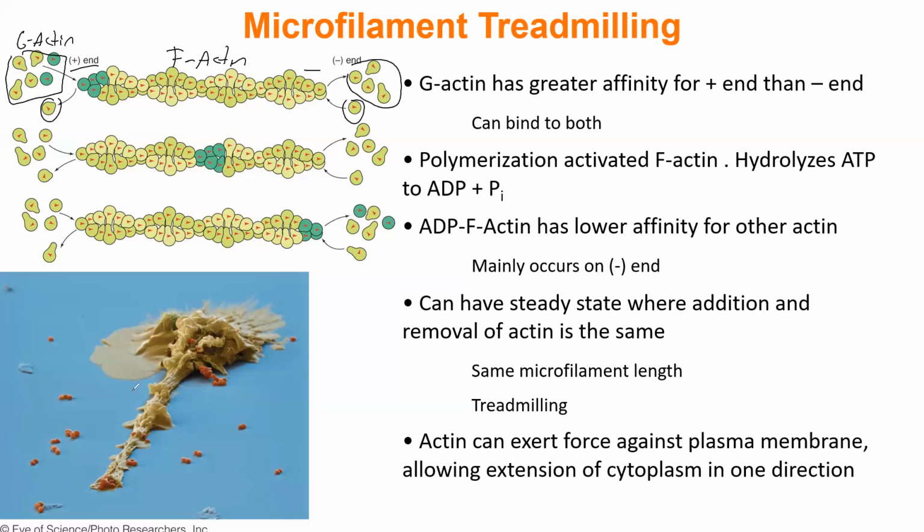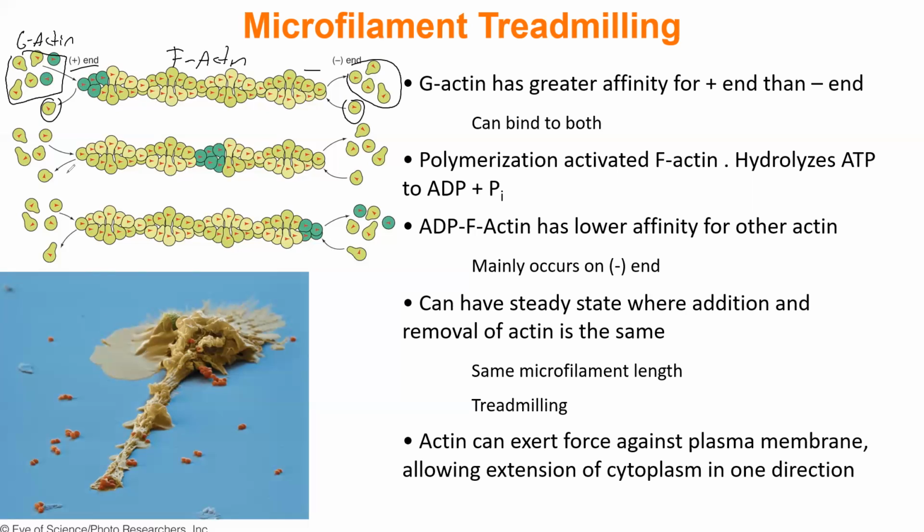And for cells that want to move, the way they move, as shown in this picture, this cool image, is through their cytoskeleton, which is actin, right? And so if I want to move a part of my cell, I need to stretch actin this way. And the way that actin moves is through this treadmilling process.